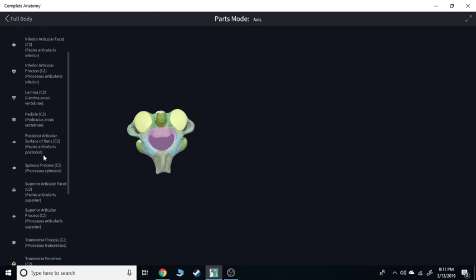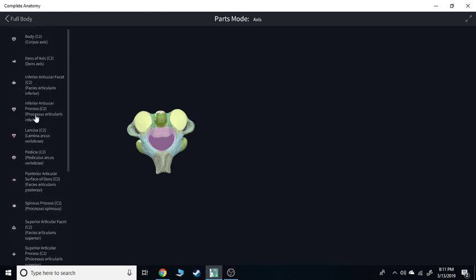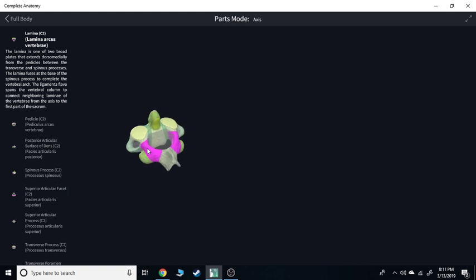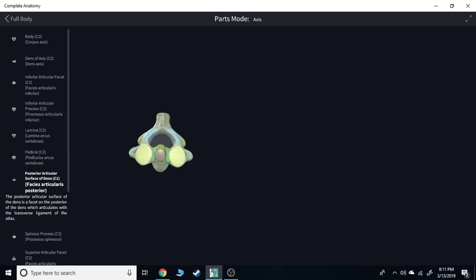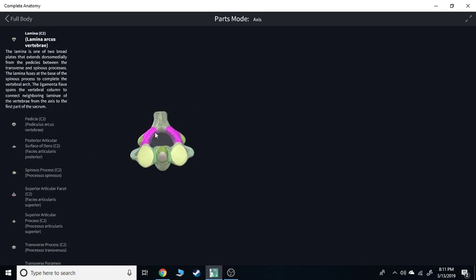The lamina. Lamina is just the lateral sides of the vertebral foramen. So there's the spinous process that creates the posterior portion, and then we have the lamina or lamina arcus that creates the lateral portions.